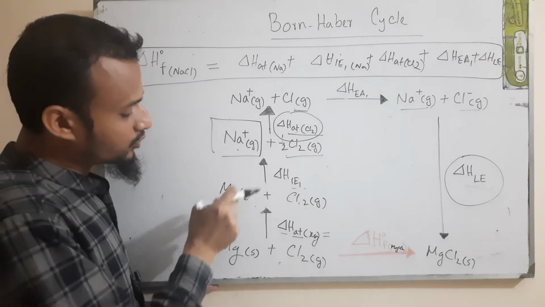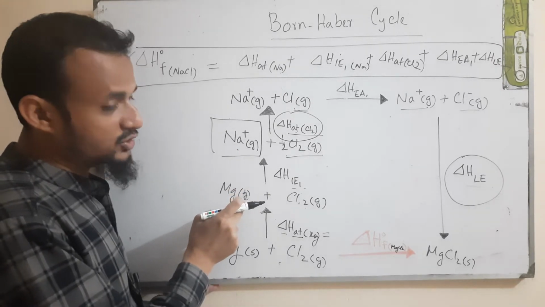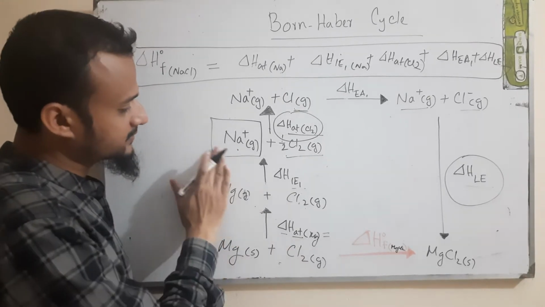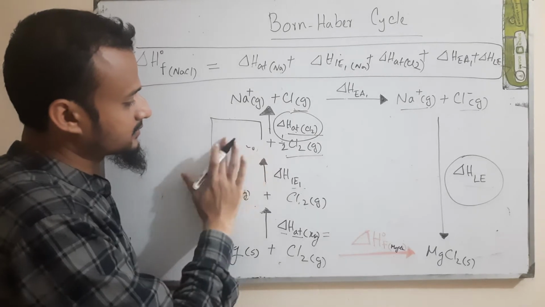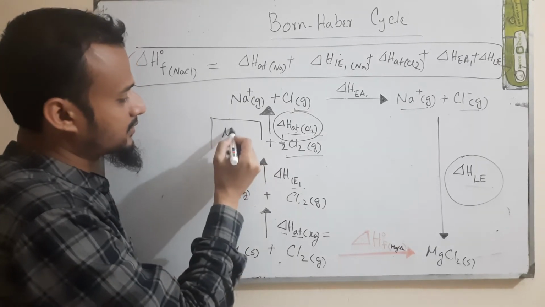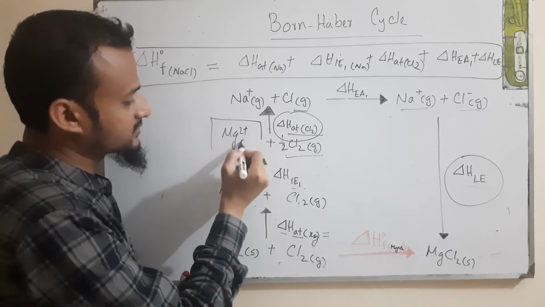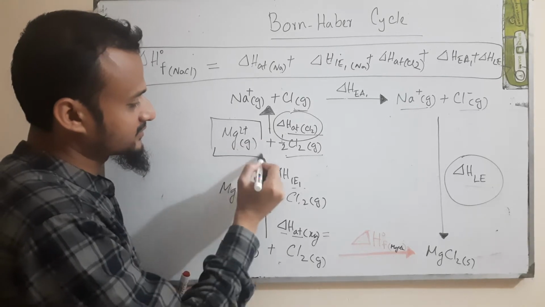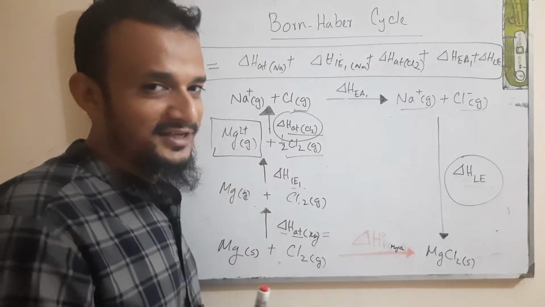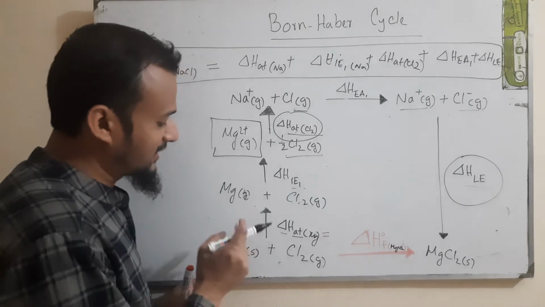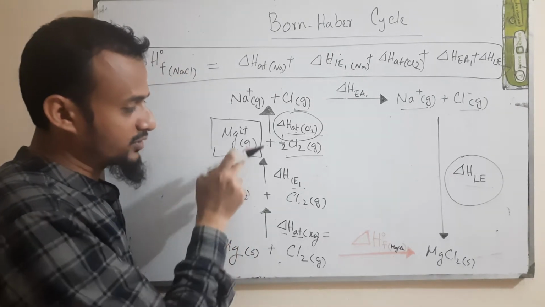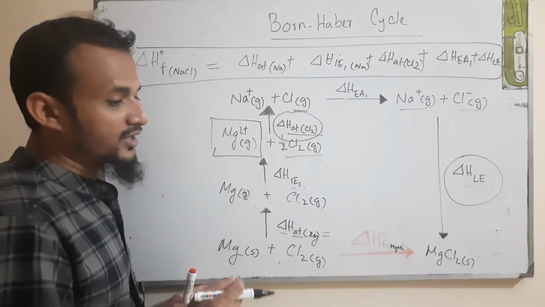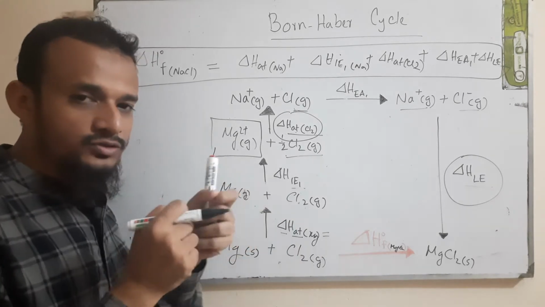Then you want to make magnesium into magnesium 2 plus, isn't it? Magnesium 2 plus gas. Now here is the important thing. If you want to make magnesium into magnesium 2 plus, there have to be 2 electrons taken out, not just 1.